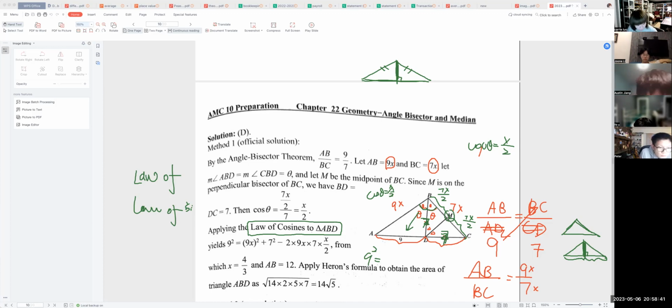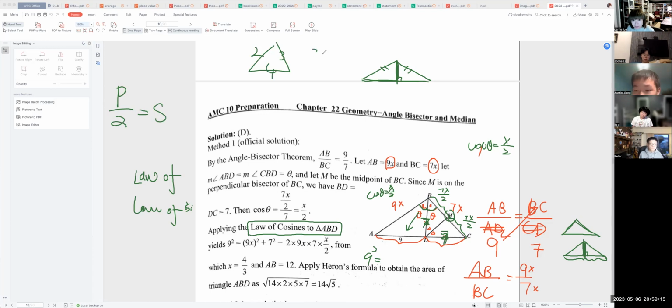Okay, next, let's apply Heron's formula, because we know this side, this side and this side. Does anyone remember Heron's formula? I taught you last time. The perimeter divided by 2 equals s. For instance, you have a triangle 2, 3, 4.